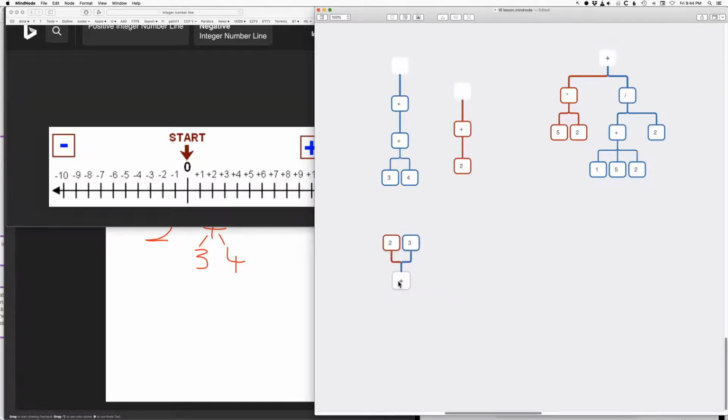So postfix would look a little like this, where you would have the numbers at the beginning, and the operators at the end as the leaf. And postfix is a lot harder to write with mine node. It's more convenient to write the other way.